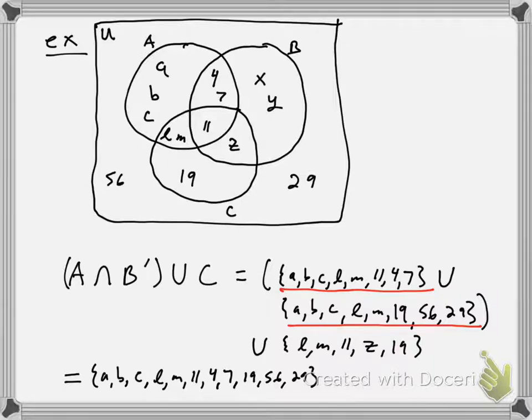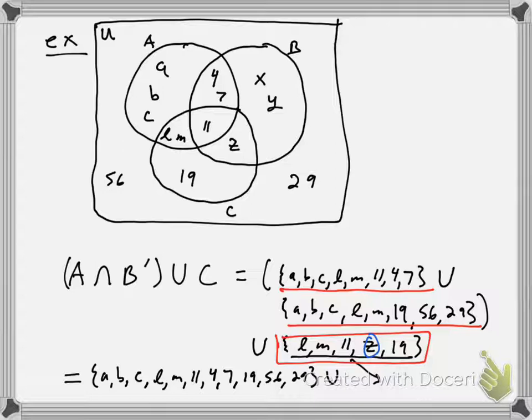And then I'm going to union that with this. I'm not going to recopy it. And when I do that, the L, the M, the 11, the Z, and the 19, the only thing that's new in this set that's not in the other set is the Z, correct?